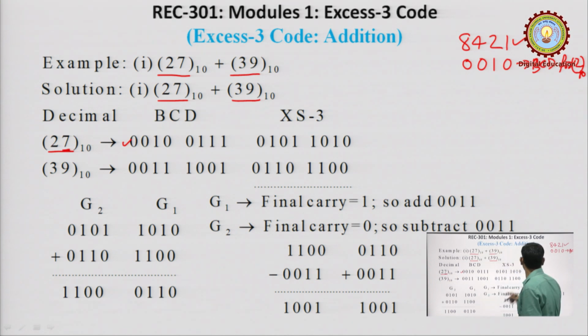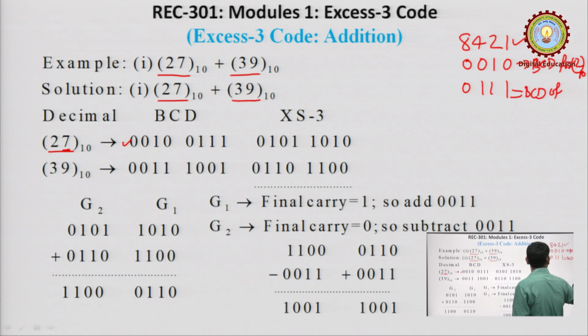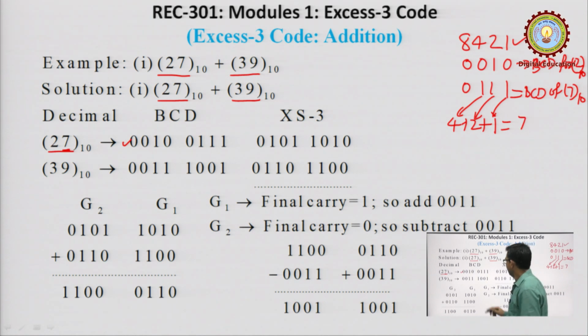From here we can see if I make 0111, it will be the BCD of 7, because 4 plus 2 plus 1 is equal to 7. So, this is the BCD code for 7.